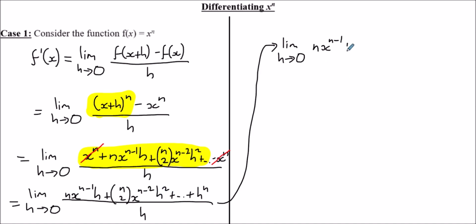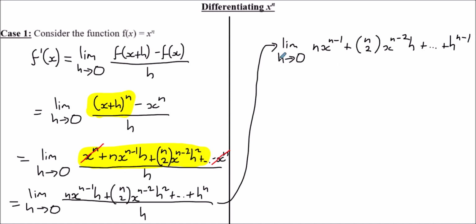So what we'll have going on is n choose 2 over here, x to the power n minus 2. The power of h will drop by 1, h squared divided by h, we'll just leave with h, plus dot dot dot, and the final power of h used to be n, divided by 1 h, that'll just leave us with h to the power n minus 1.